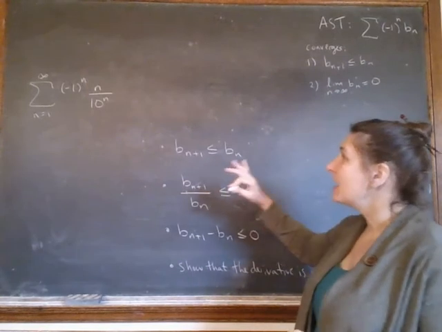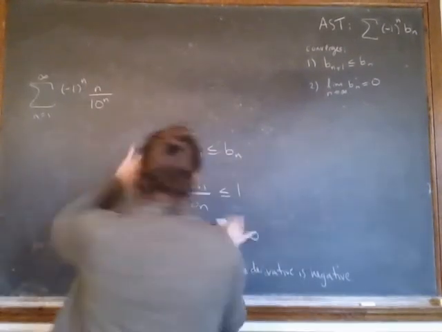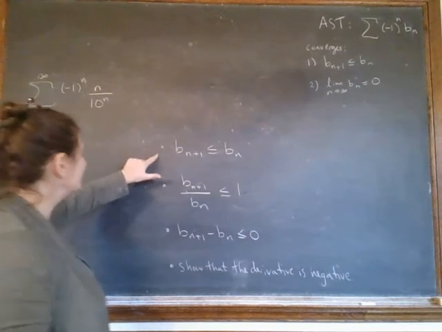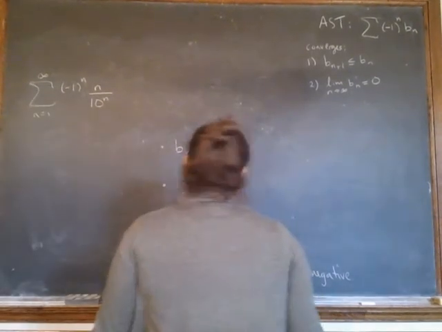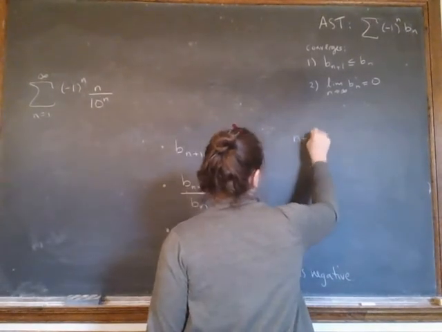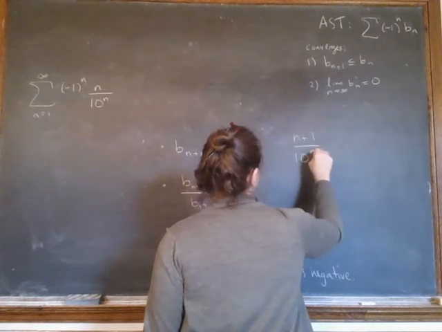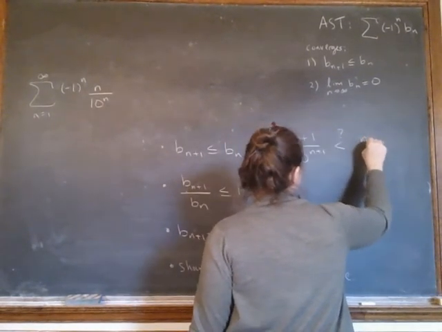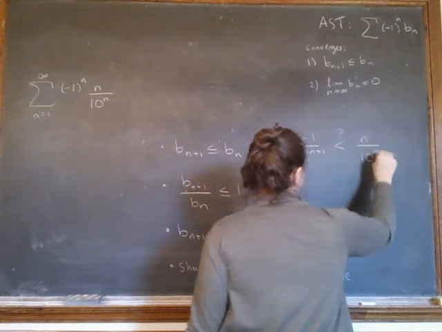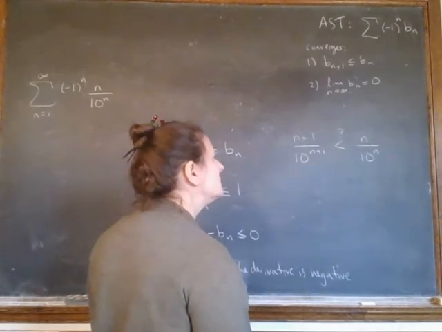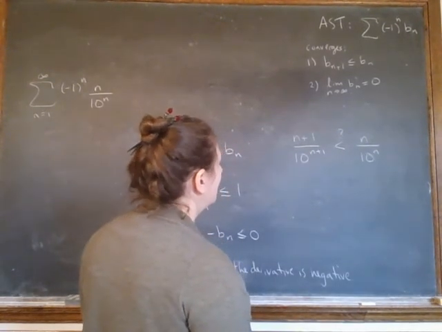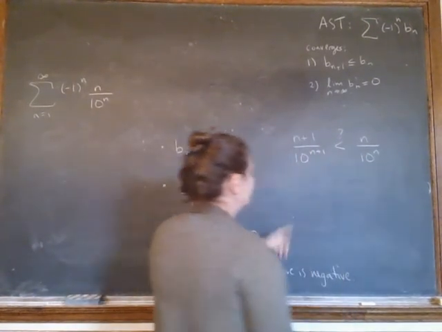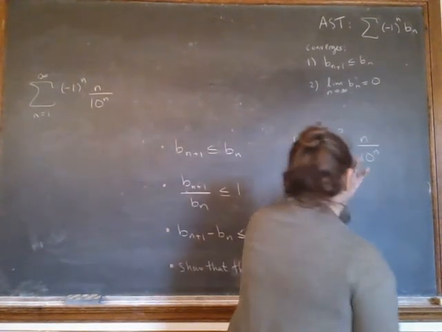Now, I left these on the board. If you try to do this first one, it's not obvious, right? Because n plus 1 is bigger than n, even though 10 to the n plus 1 is less than 10 to the n.